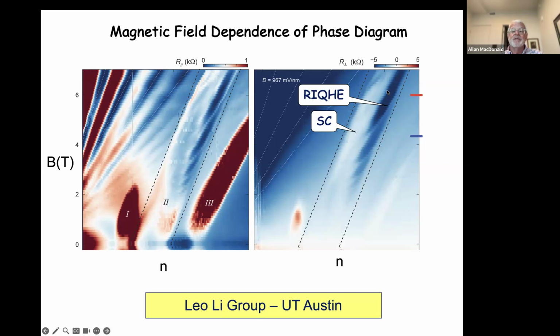If I go back to Leo's data in a magnetic field, he sees these states. In the left-hand region, you can look at the data and understand from the patterns that these are basically high Landau level indices that are occupied, and it's a regular Shubnikov–de Haas pattern.